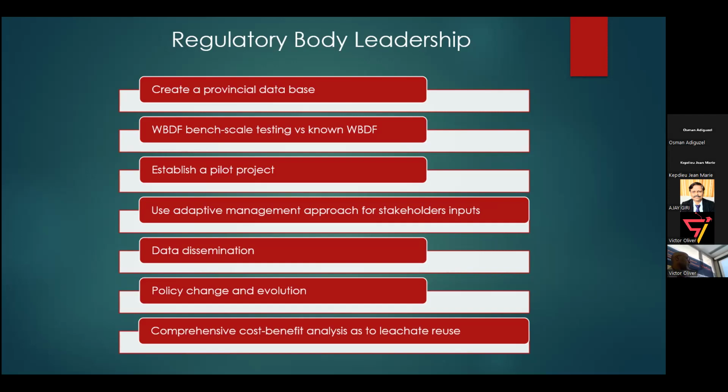And also a comprehensive cost-benefit analysis. We provided some cost-benefit analysis, but it can be done at a more granular level, because we're not economists.